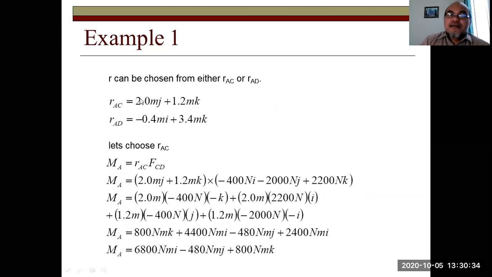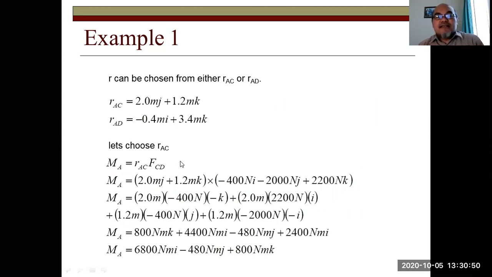That's why the Z direction is 1.2 meter K. Or alternatively, we can also choose RAD, where we obtain minus 0.4 meter I plus 3.4 meter K.